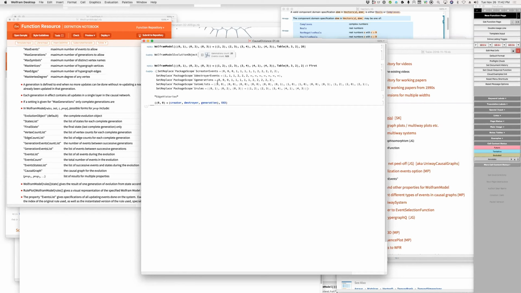Events count is just equal to the number of these, isn't it? The number of creator events. What do you mean? The total number of events. Well, we already have that. We have events count. We don't have events list.